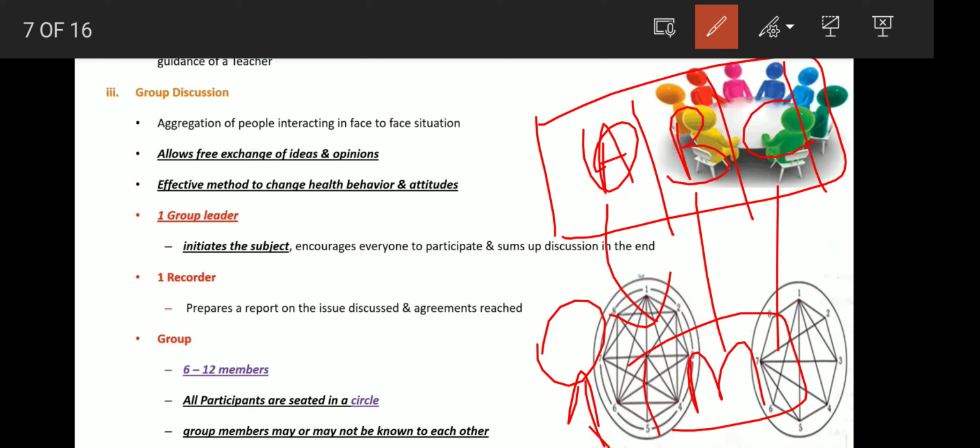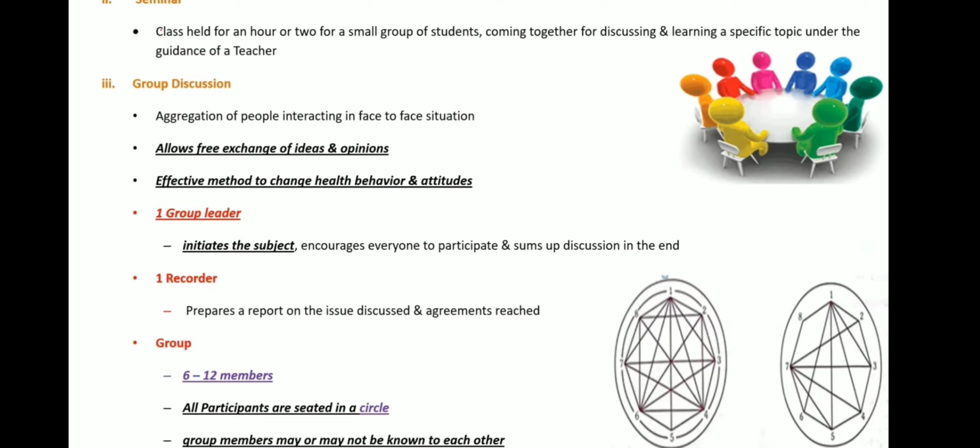Moving on to group discussion. So regarding the group discussions, what is a group? Group is an aggregation of people interacting in a face to face situation. So there is a face to face situation which is happening in group discussion. It is considered to be a very effective method of health communication. It is because it is allowing the free exchange of ideas and opinions and knowledge.